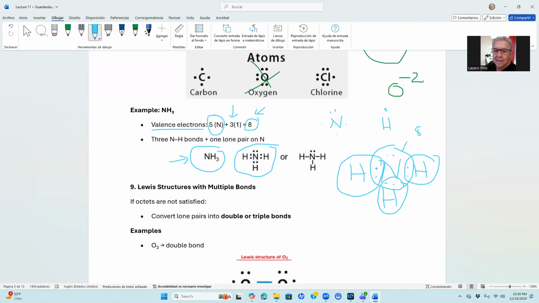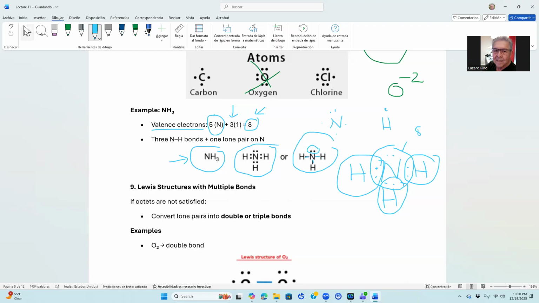This bond that is made of 2 electrons can be represented by lines. And these 2 electrons are not shared with anyone, so they are lone pairs. This is a lone pair. And this is the Lewis structure for ammonia.